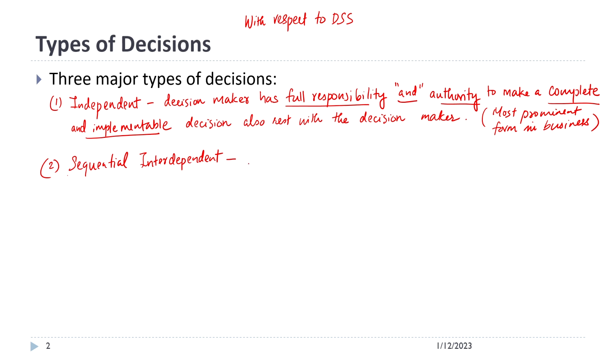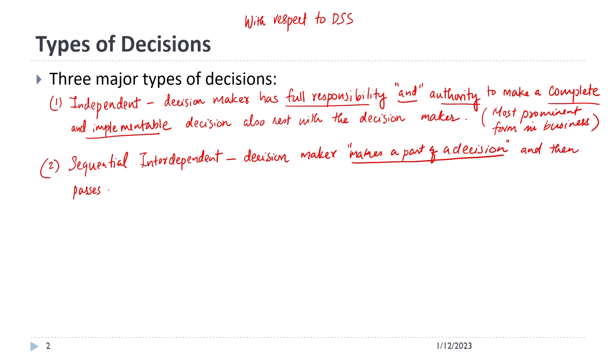The logic here is that the decision maker, whether he or she, makes a part of the decision, a part of a decision, this is the critical word, and then passes it on to someone else.